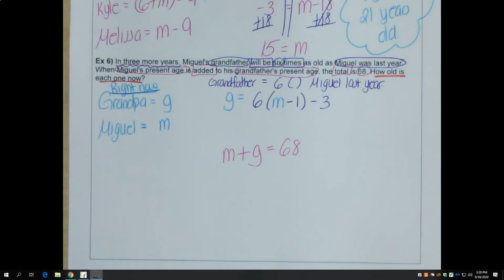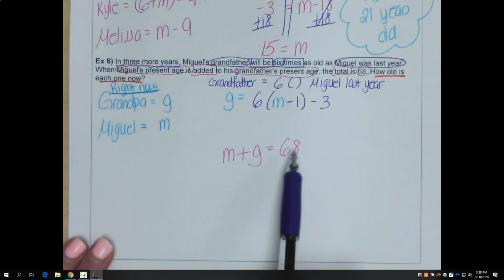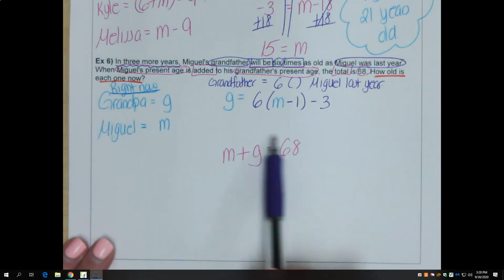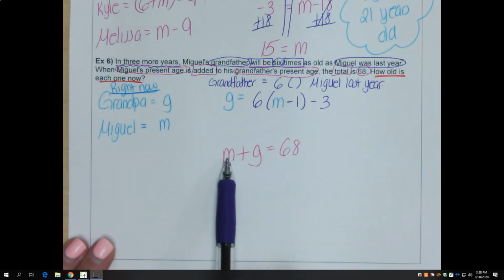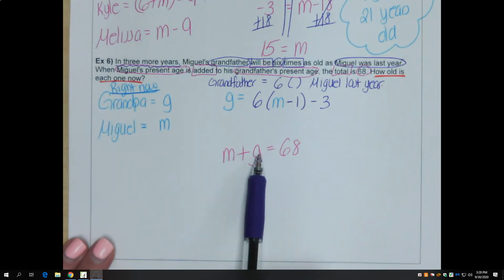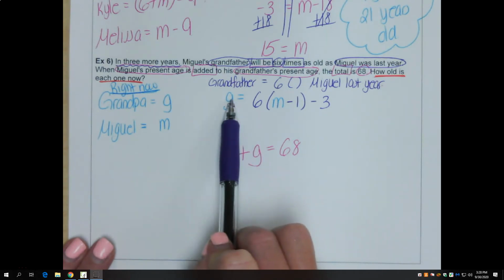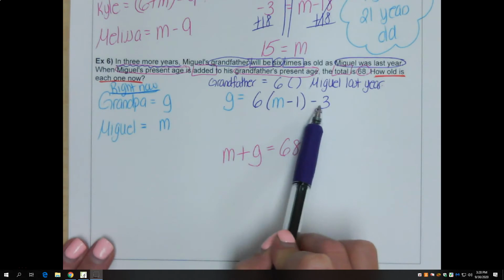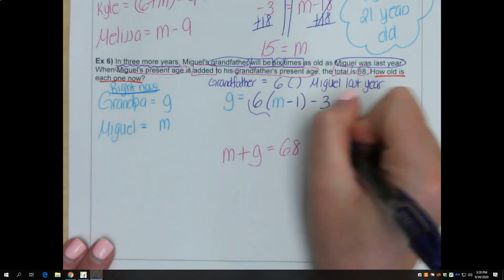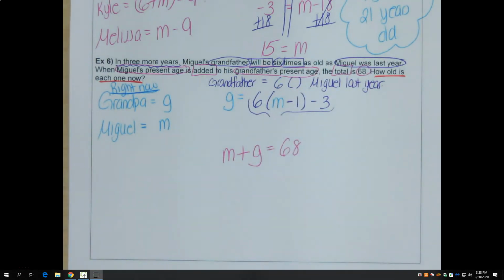Okay. And now I'm going to go back, and like I said before, we're going to use this equation to solve. Well, M is Miguel, G is the grandfather. I just represented G with this new expression here. That's 6 times M minus 1, and then again minus 3 at the end.